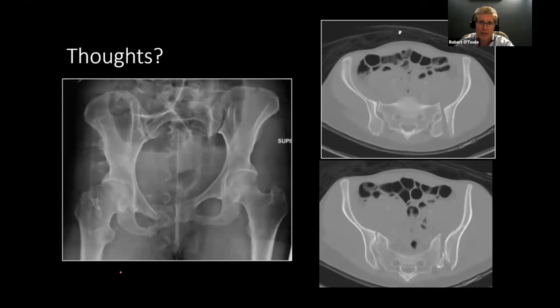At least for me, this is trickier by a lot to get reduced, and the anterior ring doesn't necessarily make this just pop into place. And so I tend to have a much lower threshold to open this. If it's an SI dislocation, my default is usually to go in the front, although you could do this from the back, but I would have a low threshold, I think that I'm going to be opening this.